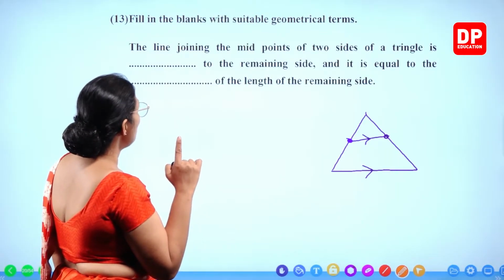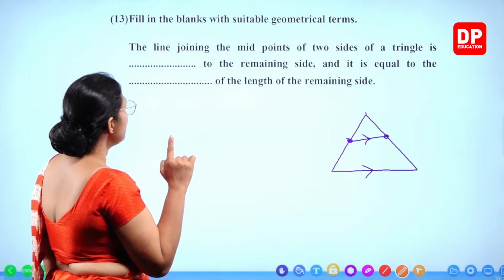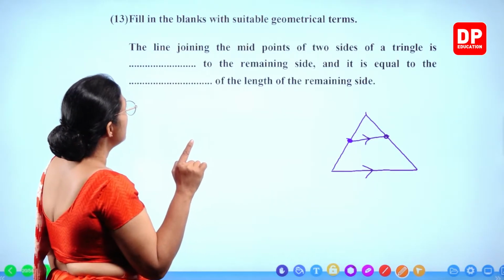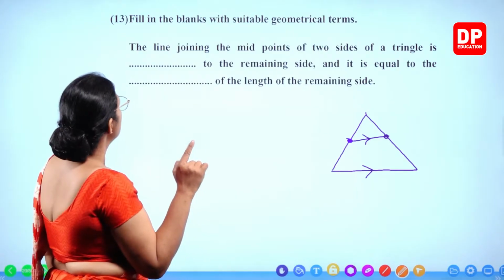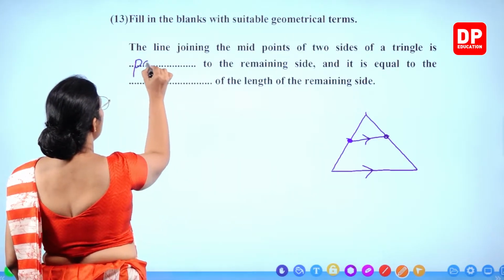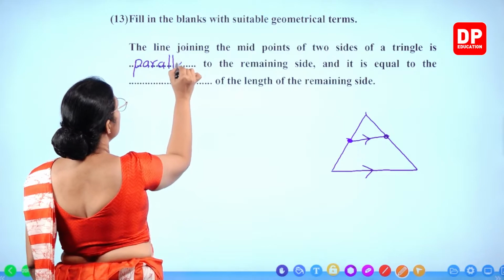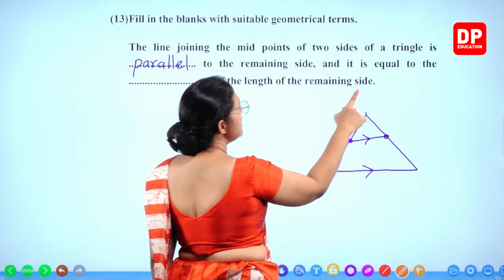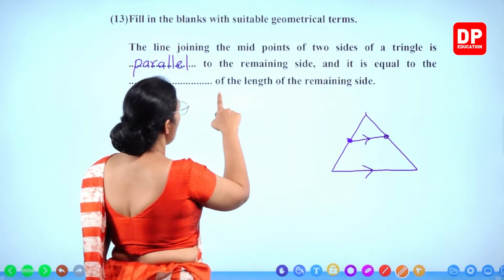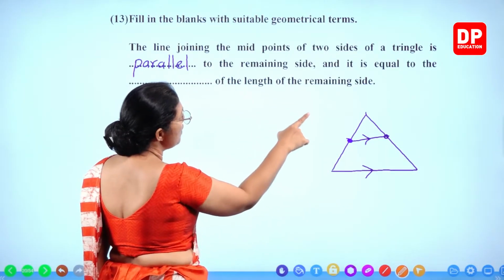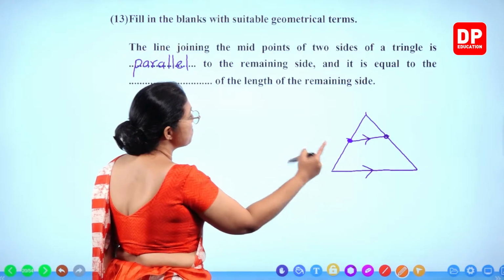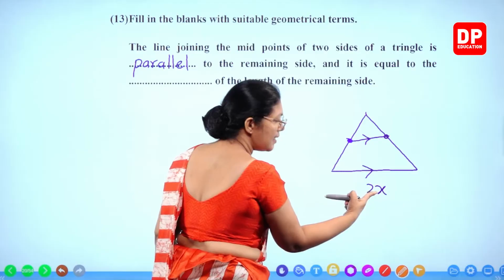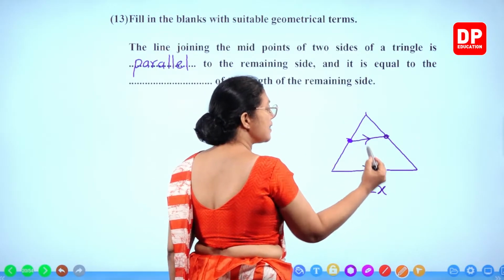So what is the word we have to fill? The line joining the midpoints of 2 sides of a triangle is parallel to the remaining side, and it is equal to half of the length of the remaining side. Now, if this length is 2x, what is this length? Half of it.